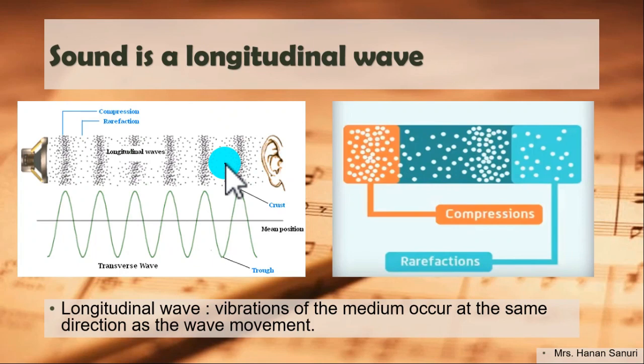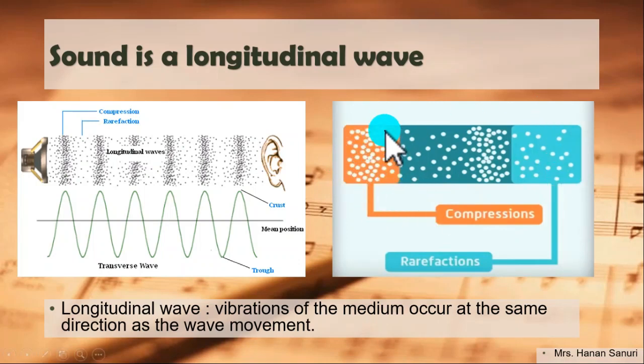The second thing in longitudinal waves is that we have some parts of the wave that we call compression, and another that we call rarefaction. What's the difference between them? Compression is when the particles of the medium are close to each other.